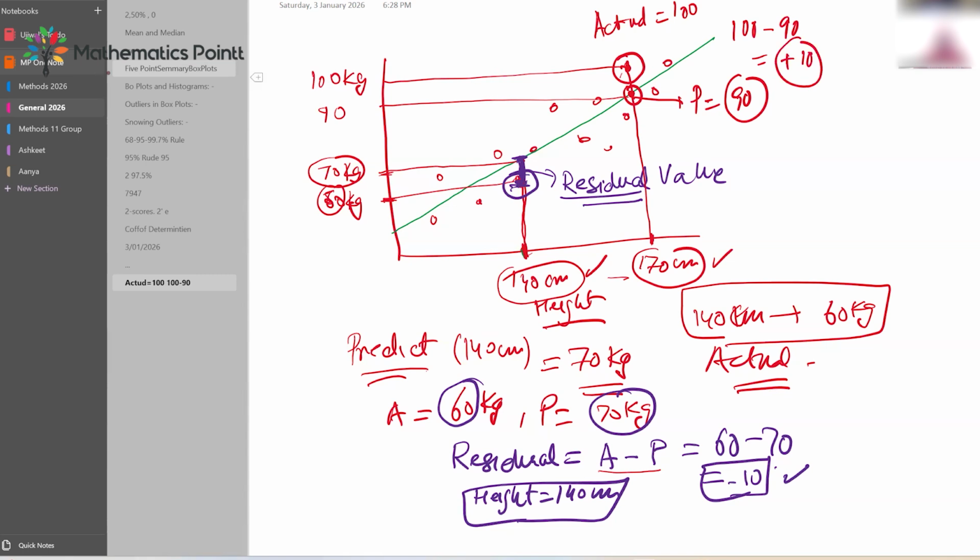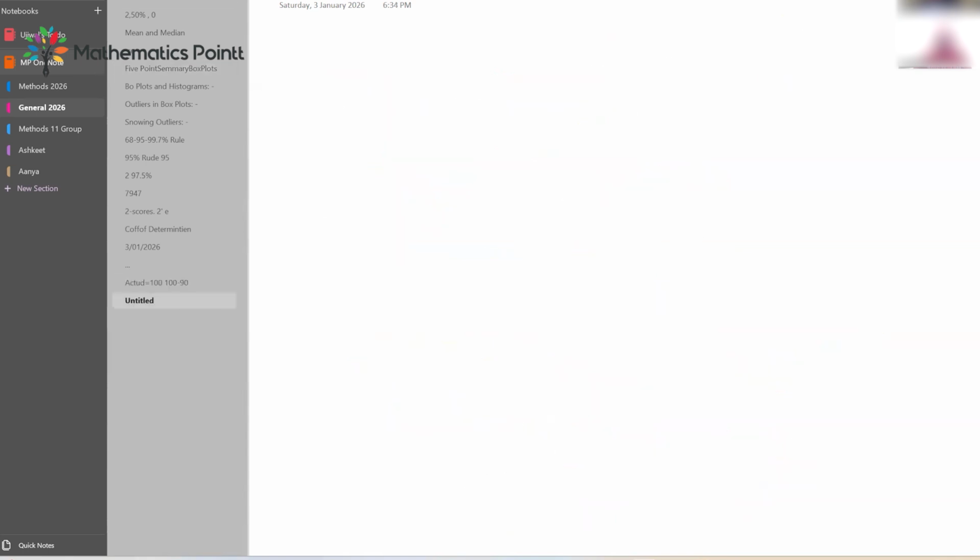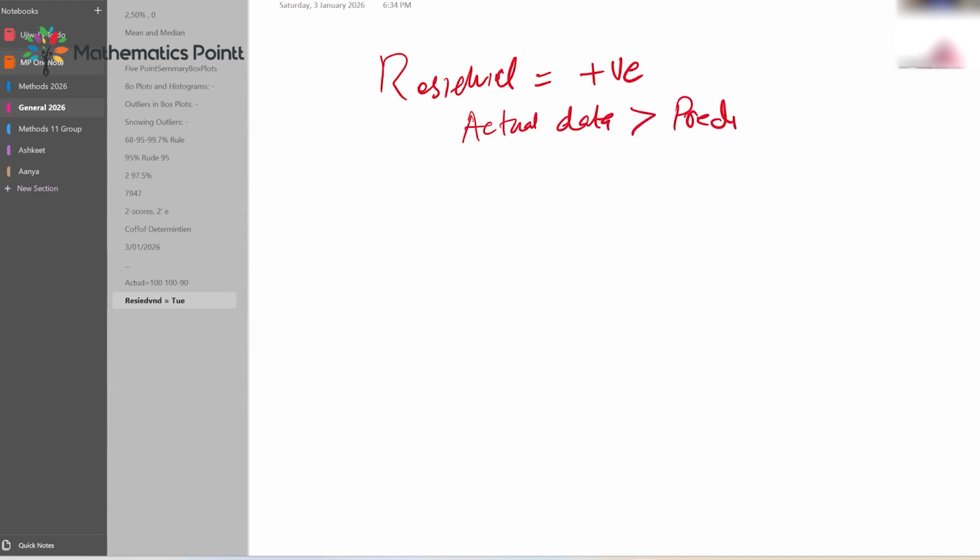So to sum it up, when your residual value is a positive value, it simply means that your actual data is greater than predicted data, and your dot sits above the least square regression line.